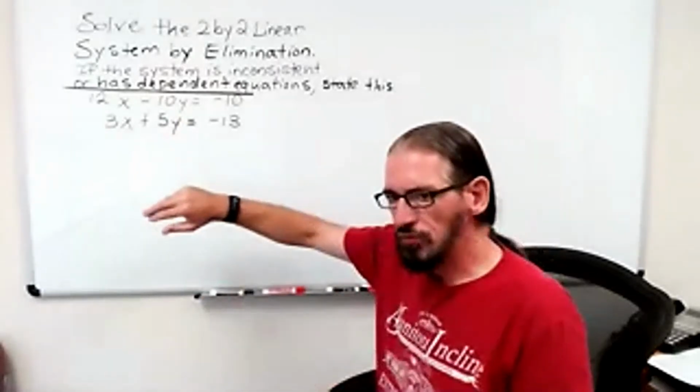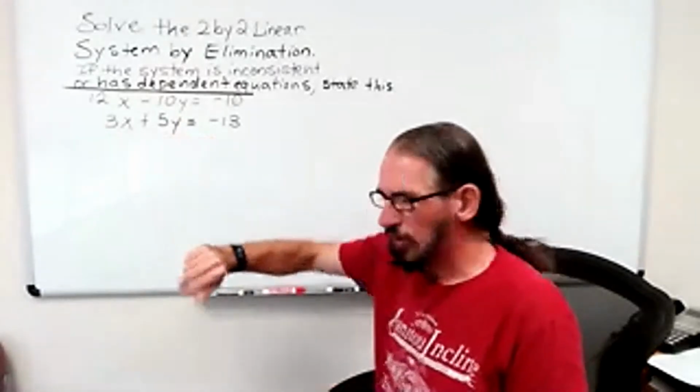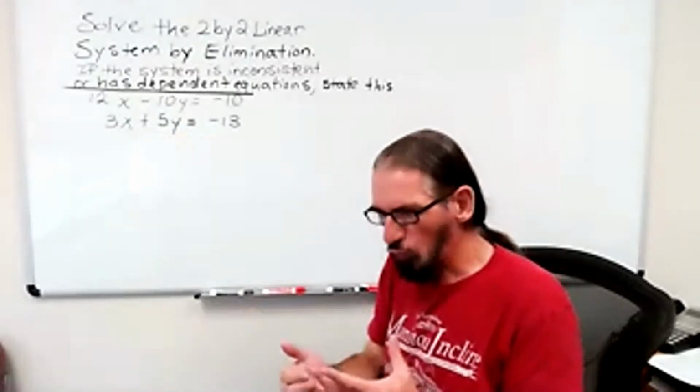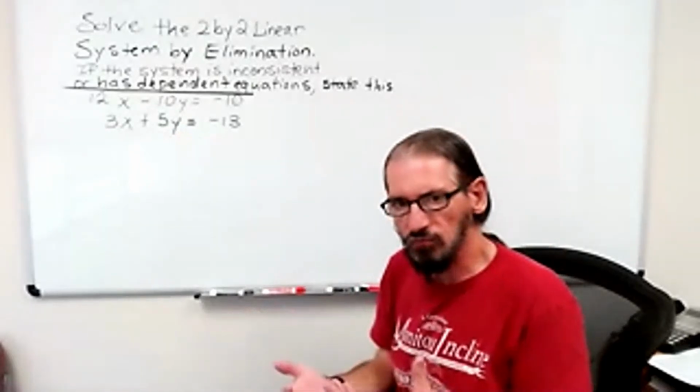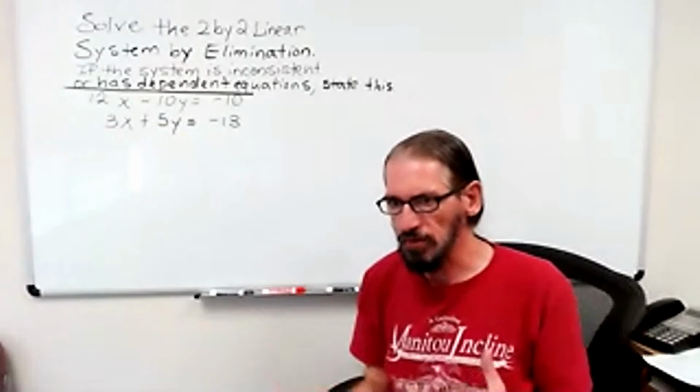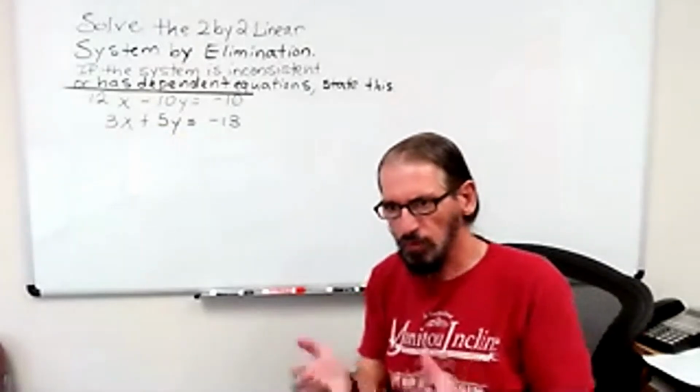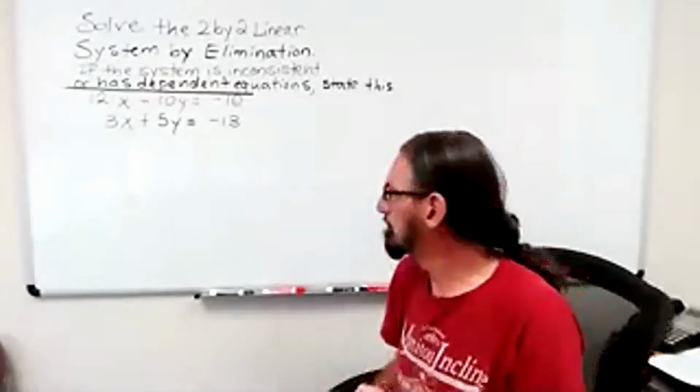So what I would like to do is get it so I have the y's with one with a negative 10 and one with a positive 10 as coefficients, so that we can add and cancel out.